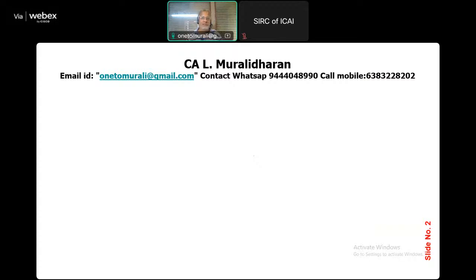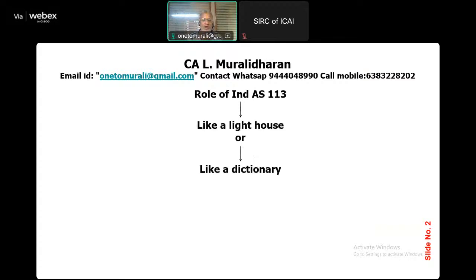Likewise, this by itself does not have reporting or disclosure for a particular item. This is like a dictionary, I can tell for sure. Role of Ind AS 113: it is like a lighthouse, or like a dictionary, as I told you.